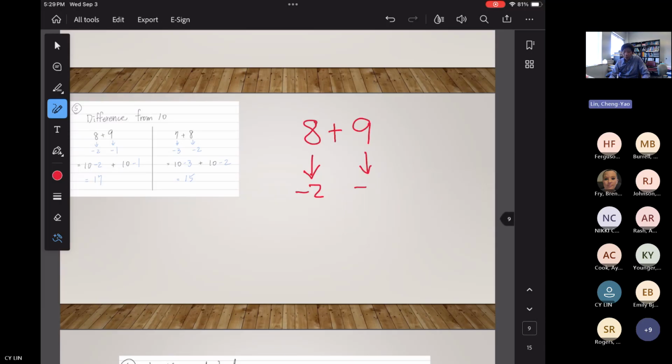And for 9, we need 1 more to make it 10, right? So 10 minus 2 gives 8, and 10 minus 1 gives 9, right? So we add together, we have 10 and 10 and minus 3, which is 17. This is another way of thinking, doing the addition. Does that make sense to you for difference from 10?